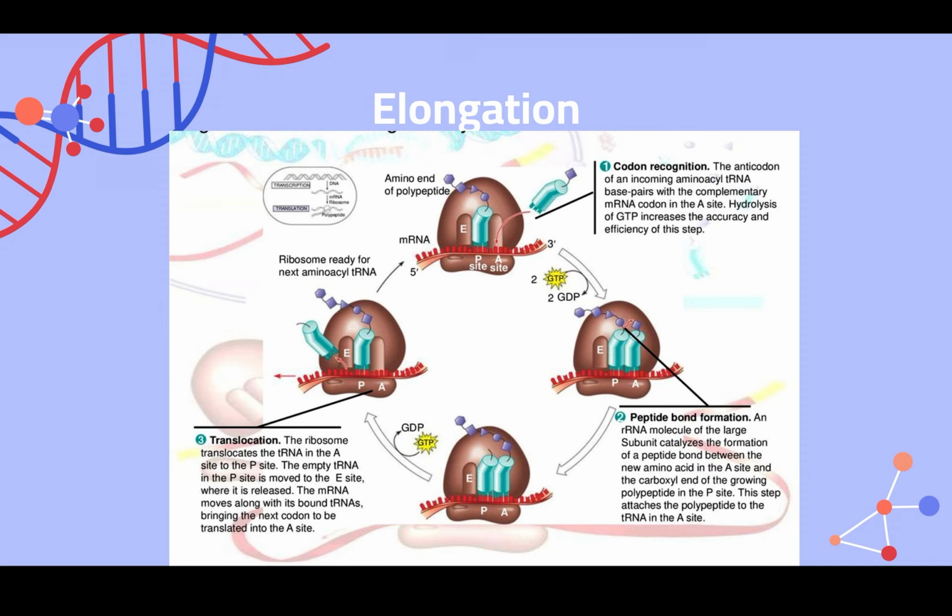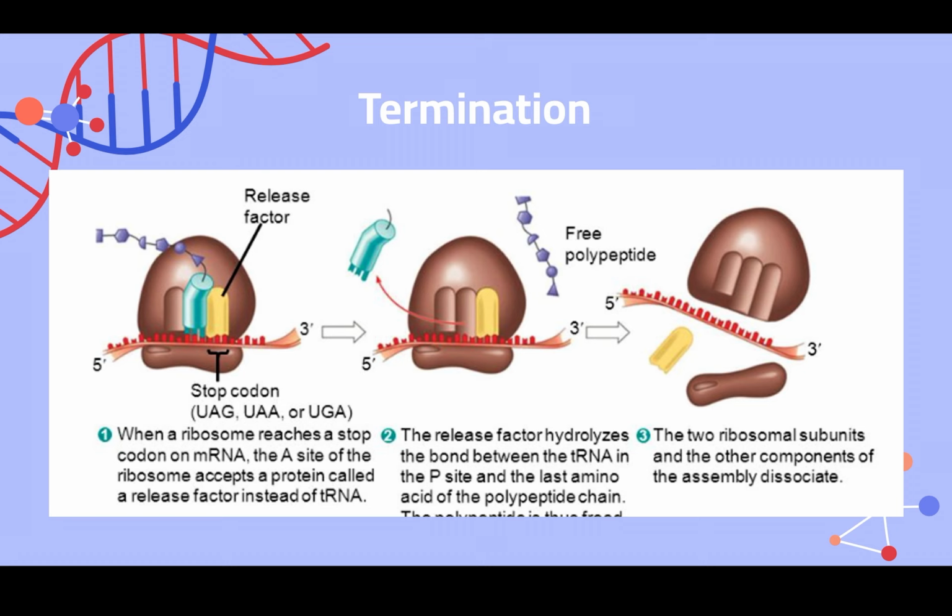The rRNA molecule catalyzes the peptide bond between the new amino acid in site A and the end of the growing polypeptide in site P. The ribosome then moves the tRNA from A to P, and then from P to E, and at the E site it exits.